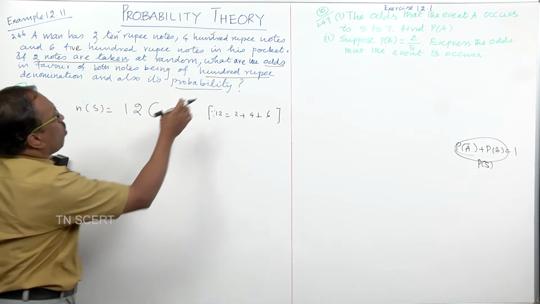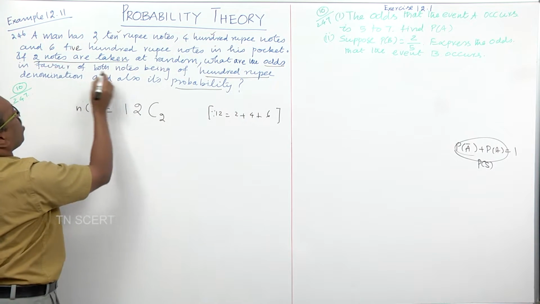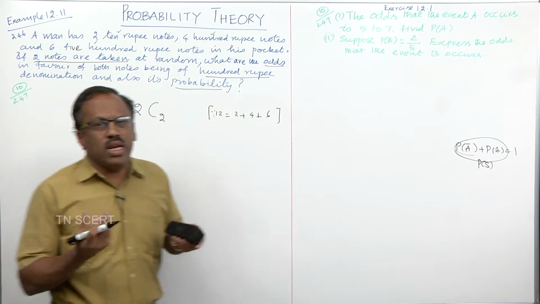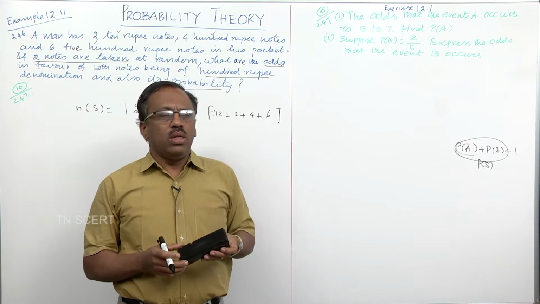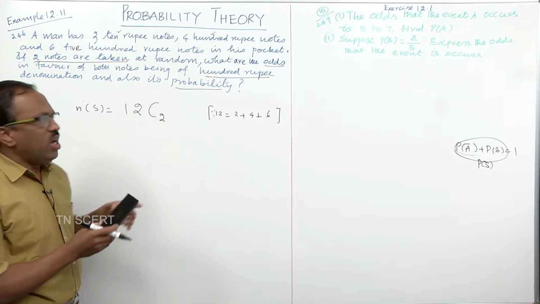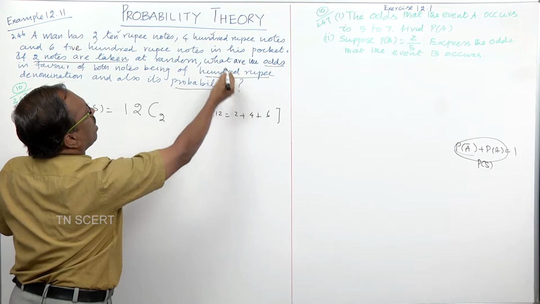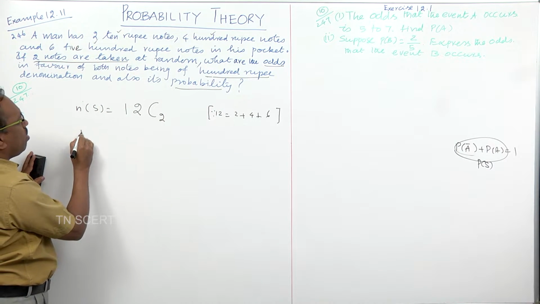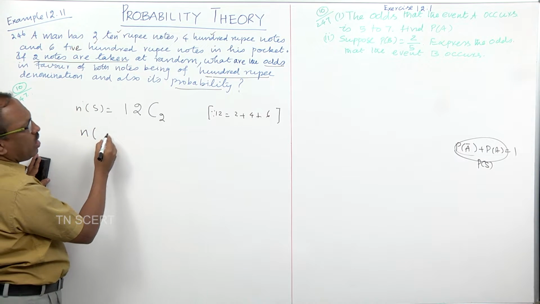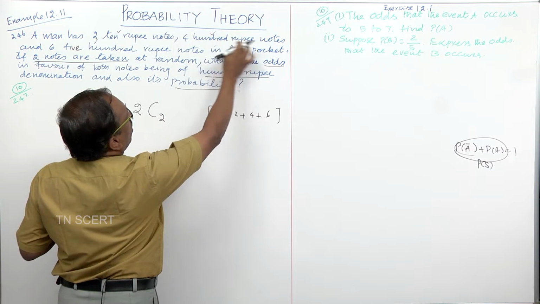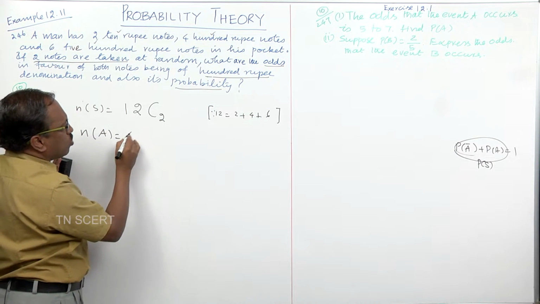Here, what are the odds in favor of both notes being 100-rupee notes? We have to select the event of 100-rupee notes only. How many 100-rupee notes are there? 4 notes, of which we have to choose 2.